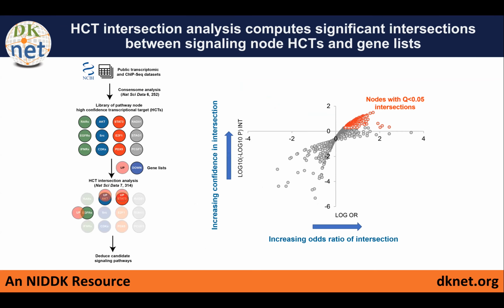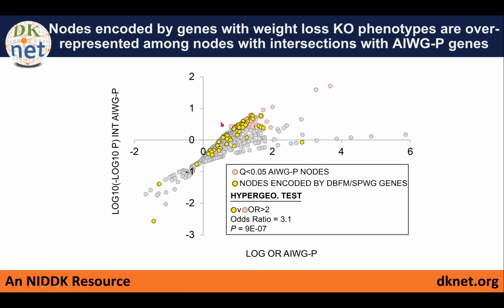So just one last time, I'll remind you of what you're looking at here. The position of a node within this scatter plot: there is an increasing odds ratio on the x-axis, and then increasing confidence on the y-axis.